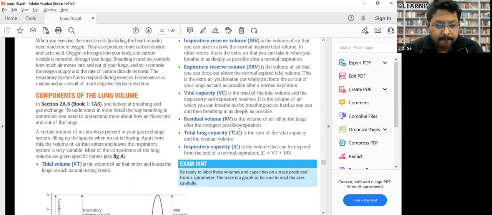So total lung capacity is the sum of vital capacity and residual volume, right? So residual volume is actually 500 ml. So TLC, total lung capacity, is residual volume plus vital capacity.